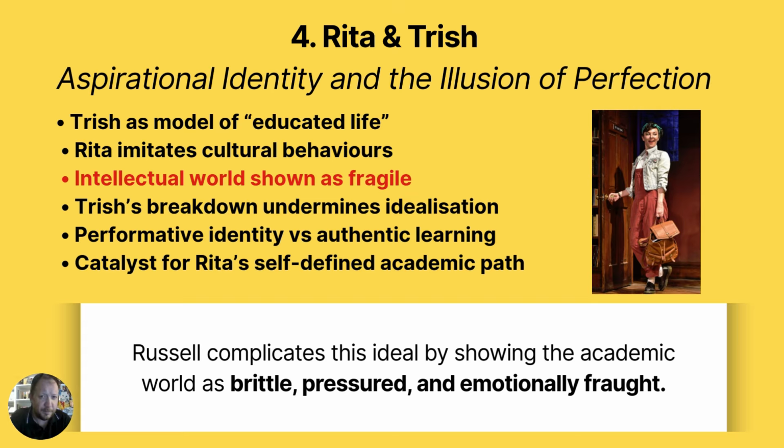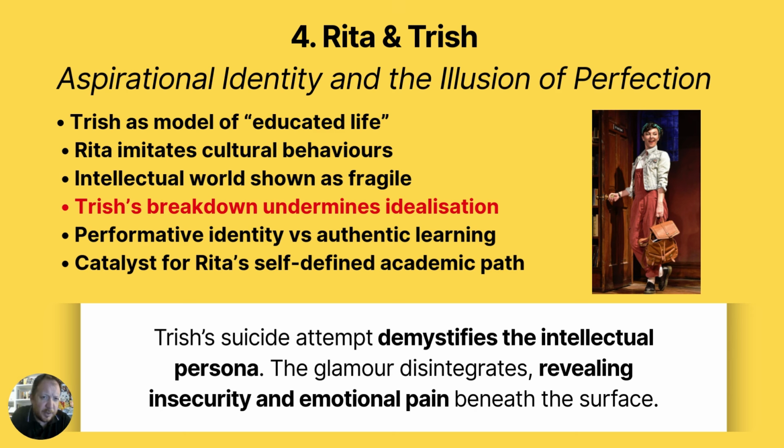She is the illusion of perfection. Russell complicates this idea by showing the academic world as brittle, pressured, and emotionally fraught. I'm just going to move straight on because this links straight in: her breakdown undermines the idealization. Her suicide attempt demystifies the intellectual persona.